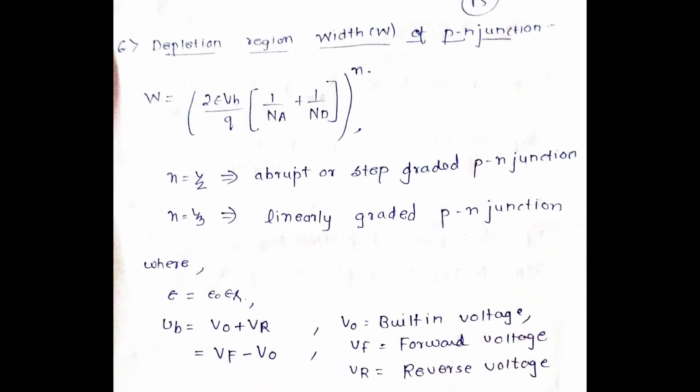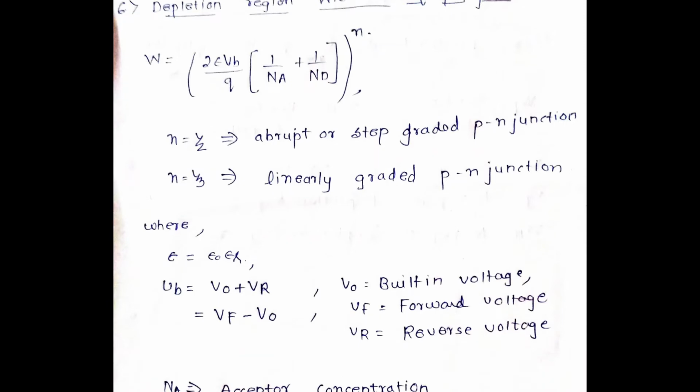Next is the depletion region of the PN junction. The depletion region width of the PN junction is given as 2 into epsilon into Vb upon Q, into 1 by Na plus 1 by Nd, the whole raised to n. The n stands for half or 1 by 3.